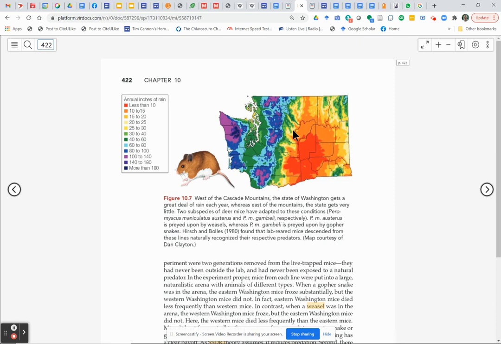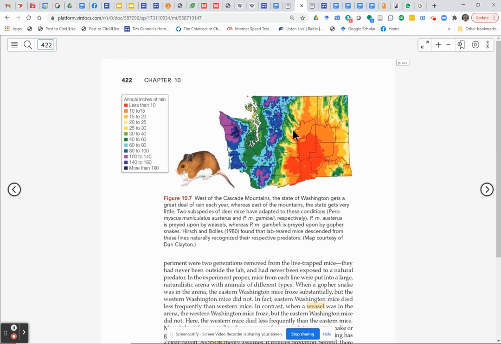So there's a unique evolutionary history to this. On one side of the mountains, animals that interact well with moisture work well. On the eastern side, away from the Pacific Ocean, you have animals that have evolved to deal with drier areas. Now, deer mice live on both sides, but the mountains create a barrier so they don't interbreed very much, which is good for evolution.